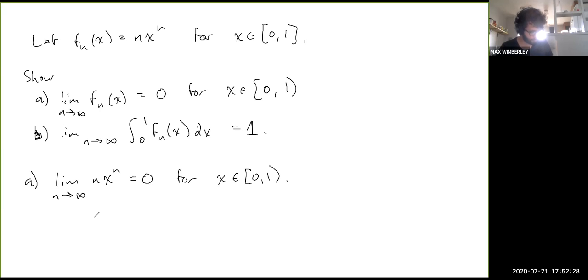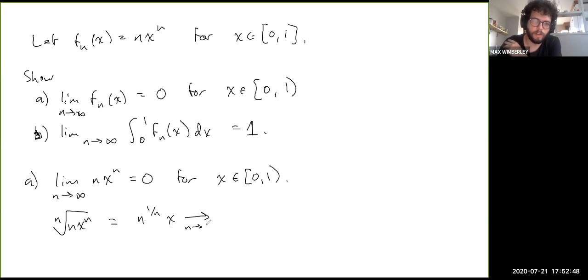Well, one thing you can say is the nth root of n x to the n is n to the 1 over n times x, right? And that converges as n approaches infinity to just x, right?